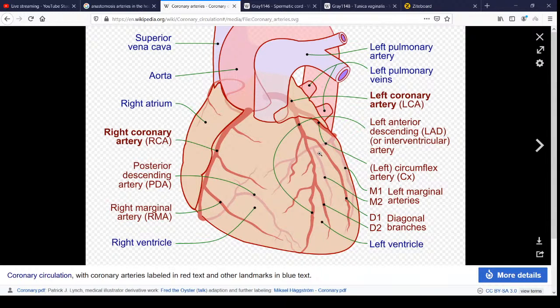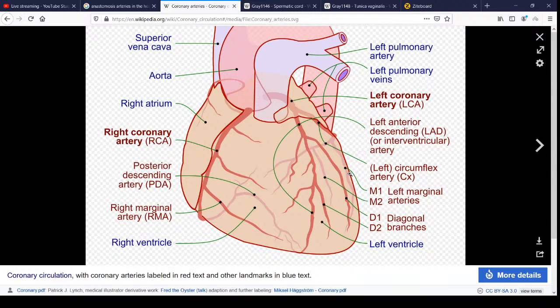Later on the LAD will become D1 and D2, the diagonal arteries, and later on this will become obtuse marginal 1, obtuse marginal 2. So these arteries provide blood to almost the same region of the heart.